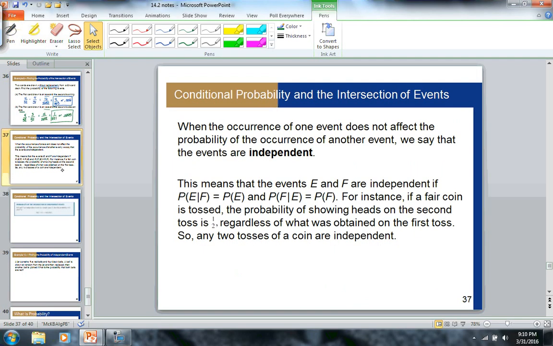Okay, now the other example that we have to look at is when we have independent events. Okay, so we can still have an intersection, but when they're independent, that means one doesn't affect the other. So your probability of one event happening and your probability of the other event happening, they're exactly the same.